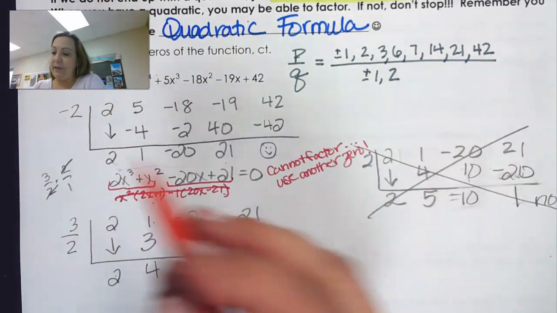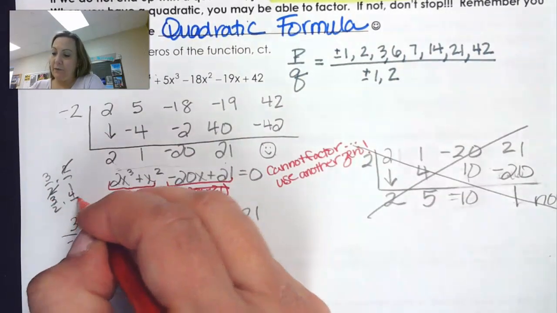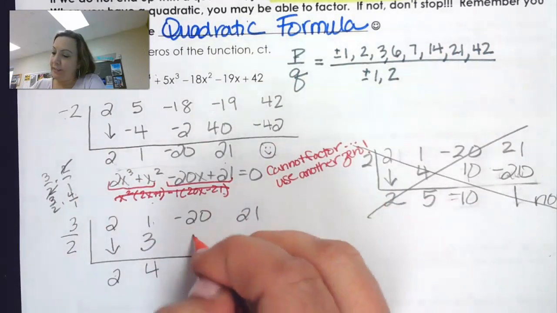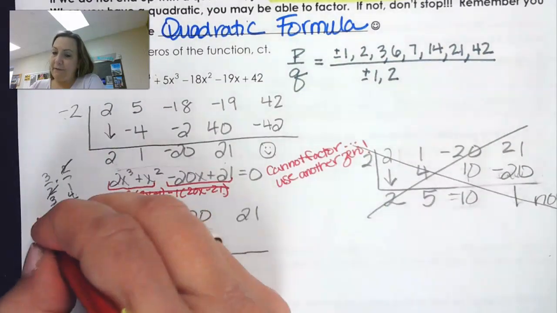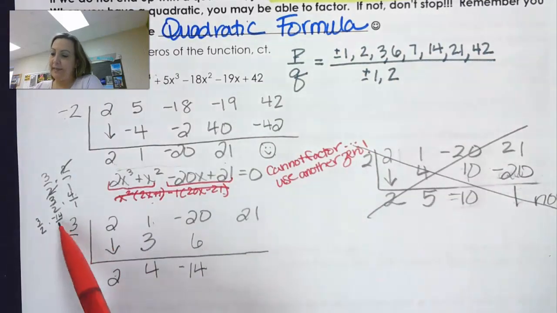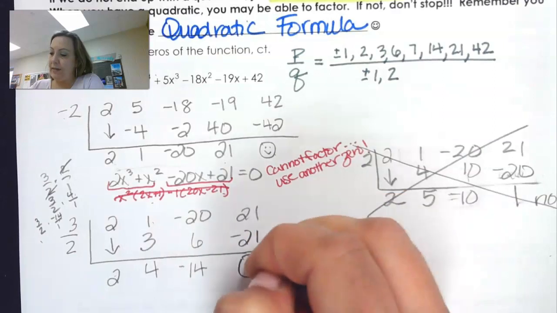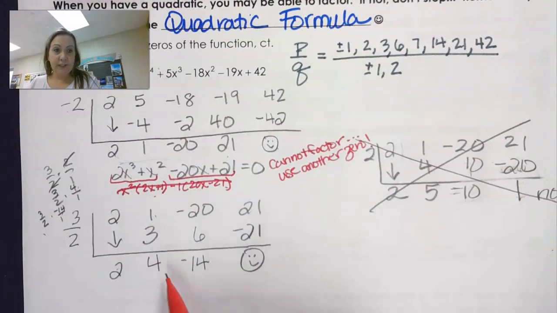So now I'm going to take 3/2 times 4 over 1. And this time we get 12 over 2, which is 6. So negative 14. So now I have 3/2 times negative 14 over 1. Well, that's negative 42 over 2, which is negative 21. And look, we get that, okay? So we have another 0.